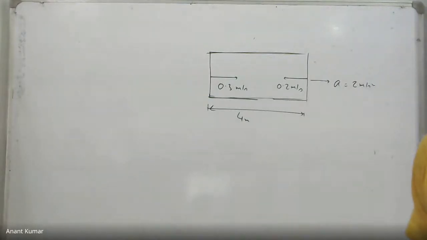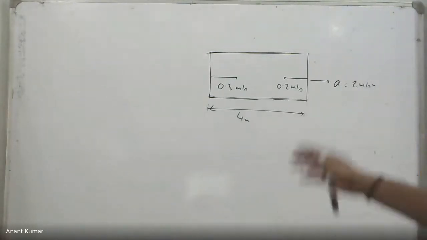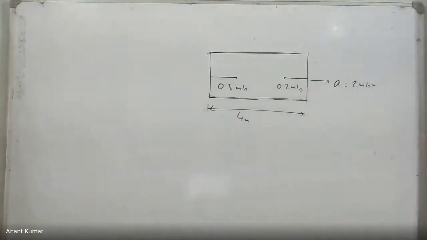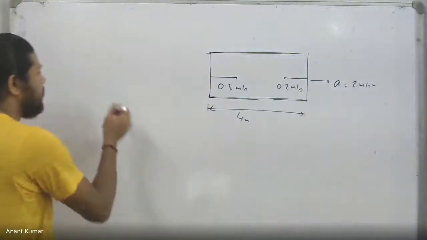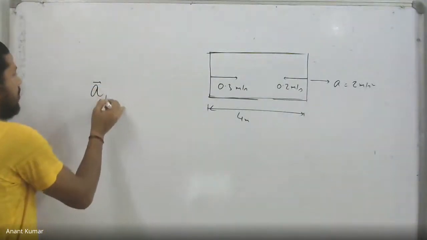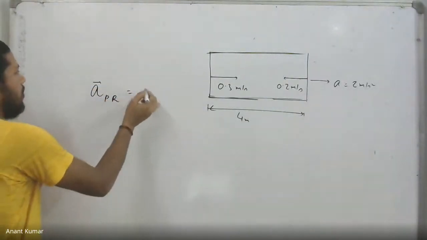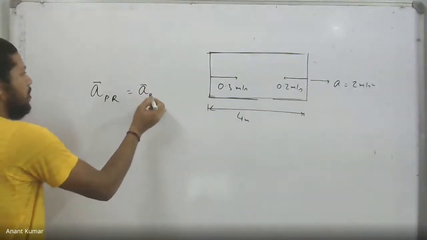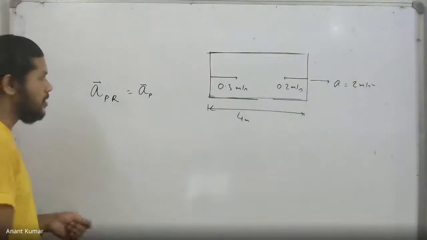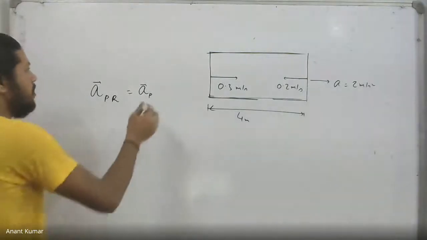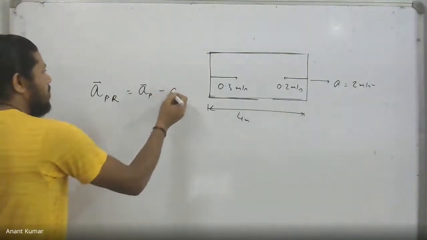With respect to the chamber shown above, the acceleration is 2 meters per second square towards the left, opposite. We have seen earlier that the acceleration of the particle with respect to the rocket is the acceleration of the particle with respect to some inertial observer, let us say the Earth, minus that of the rocket.